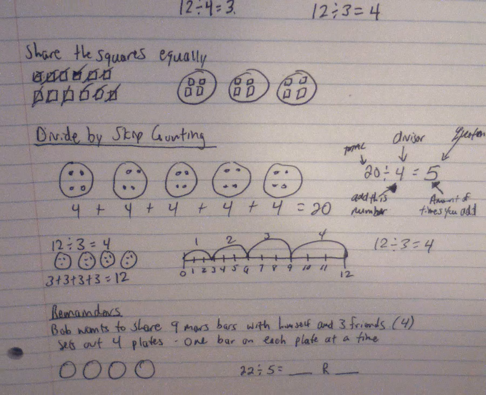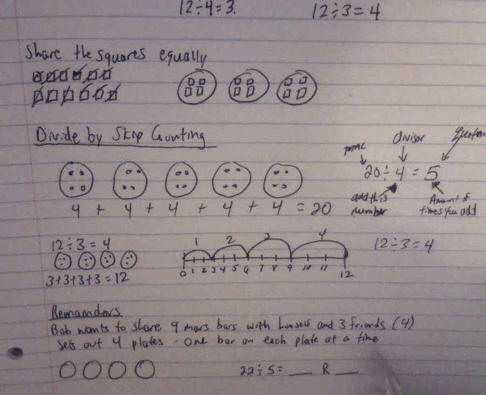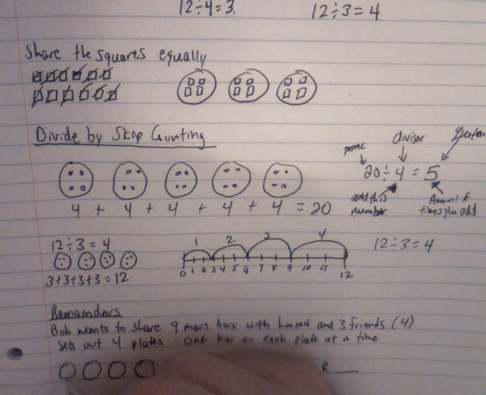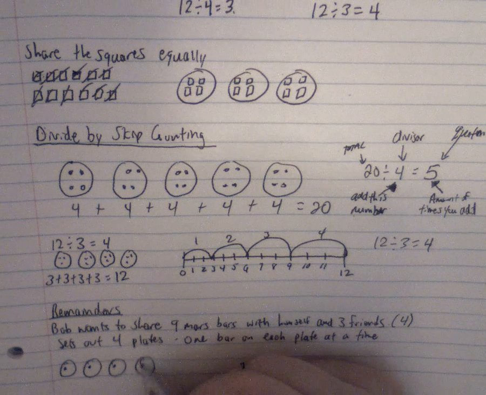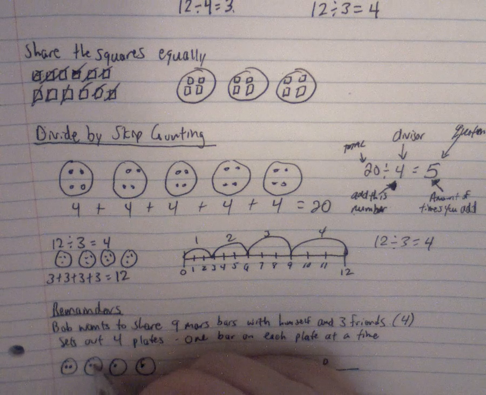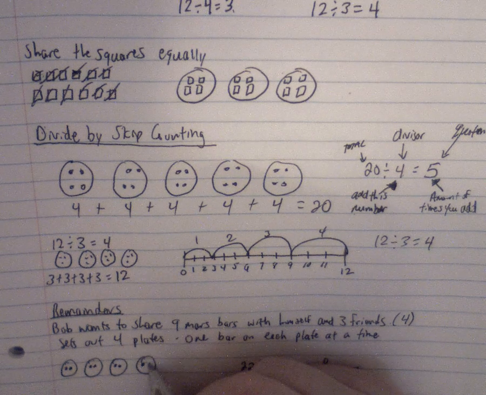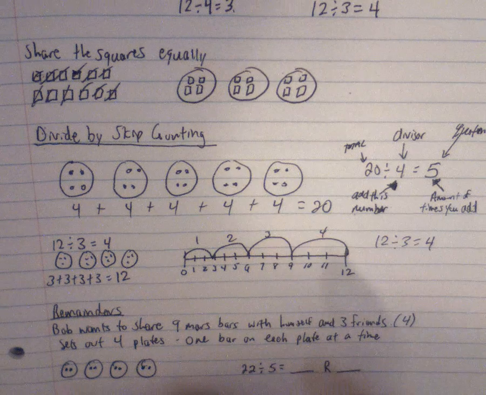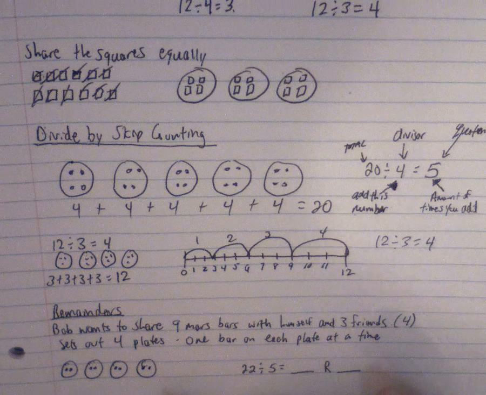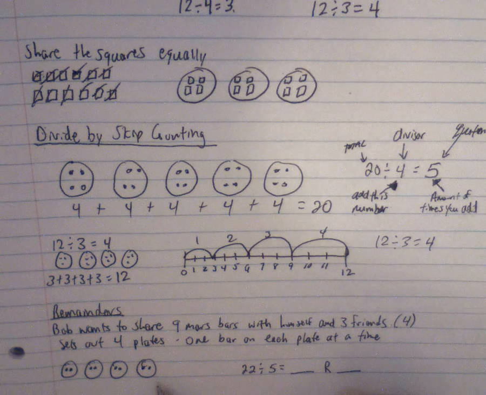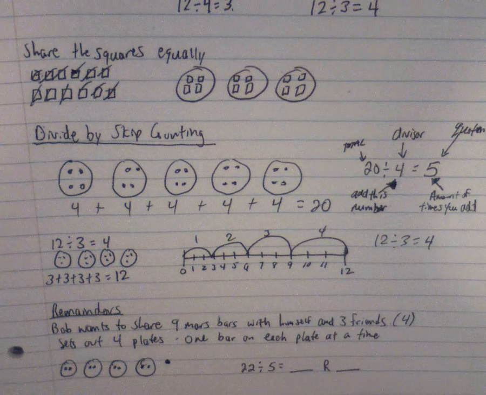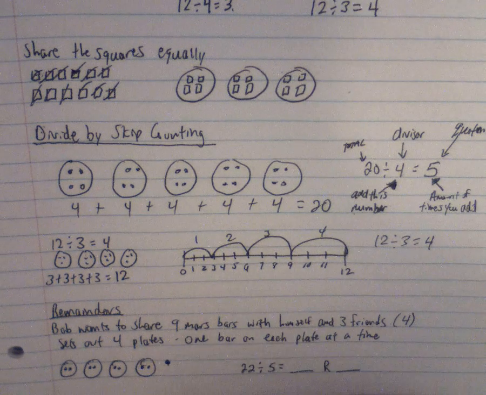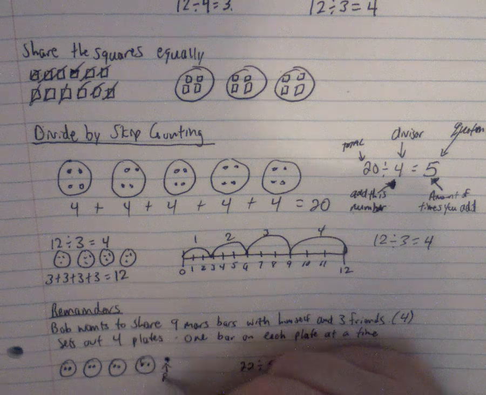He puts 1 bar on each plate at a time. 1, 2, 3, 4, 5, 6, 7, 8. And because I can't go equally across each time, I have 1 left over. That is my remainder, my leftover.